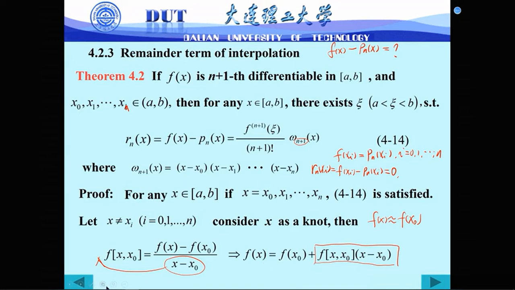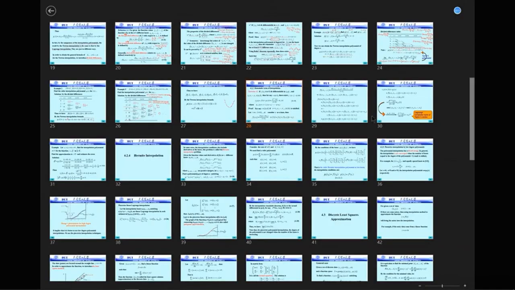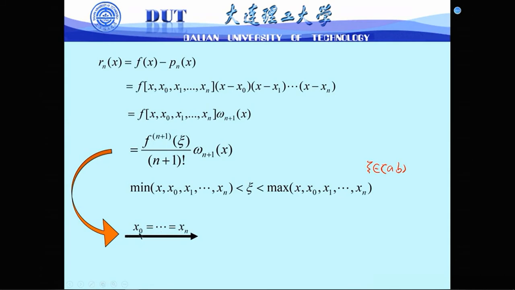But now, if we consider the limit, that means all the nodes are the same, x0 equal to x1 equal to xn, then we consider the limit. Now you see, the (n plus 1)th order derivative of f at c, okay? Because here is also a variable. We only consider that these nodes are the same, but different from x. So here still c, right?